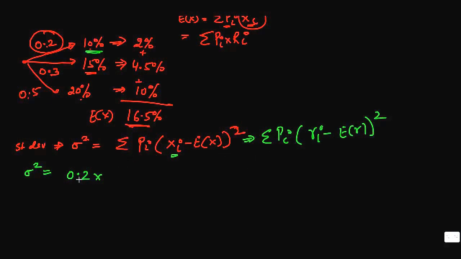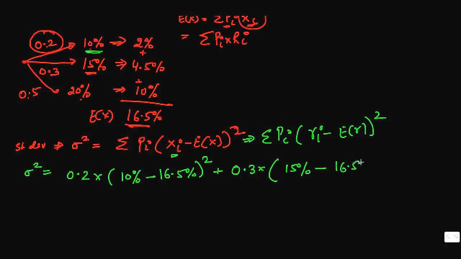So pi is 0.2, the chance that you are getting 10% return, so (10% minus expected value of 16.5%) squared, plus 0.3 into (15% minus 16.5%) squared, plus 0.5 into (20% minus 16.5%) squared.